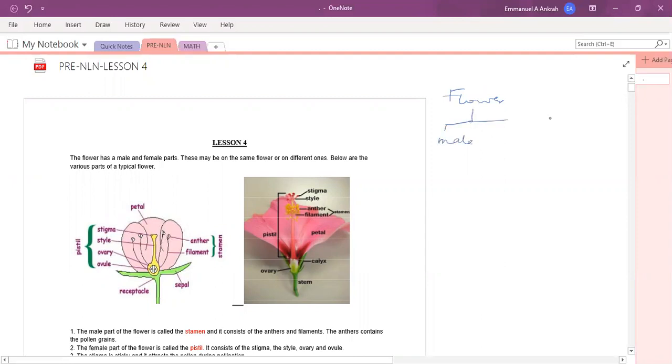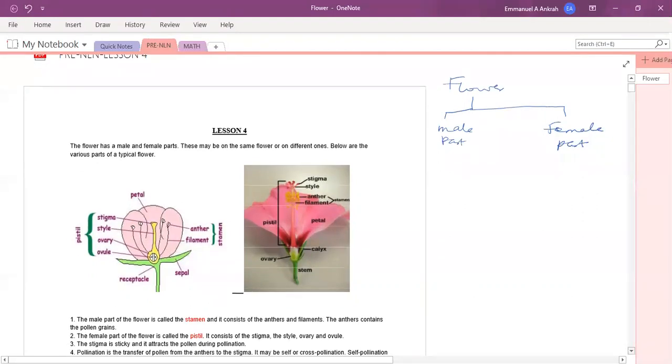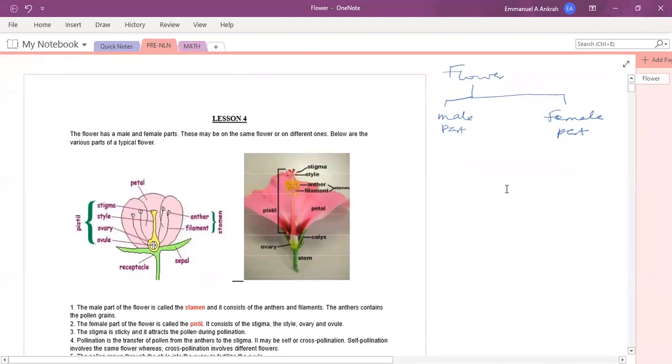Every flower has that. Sometimes it may be on the same flower or on different flowers. There's a name for each case, but I'm not going to mention that here.